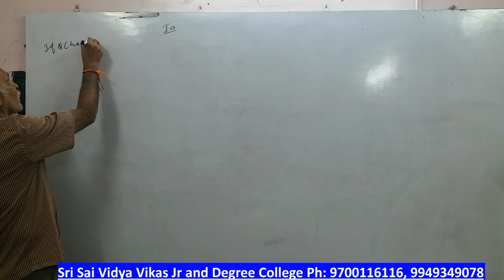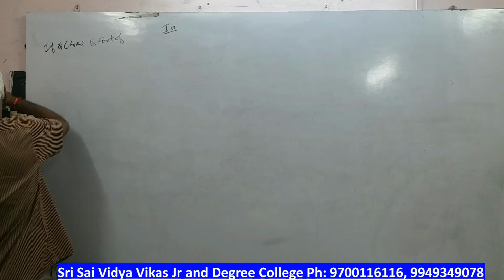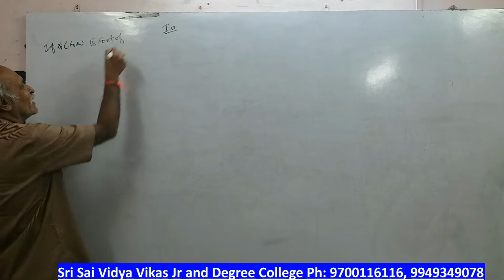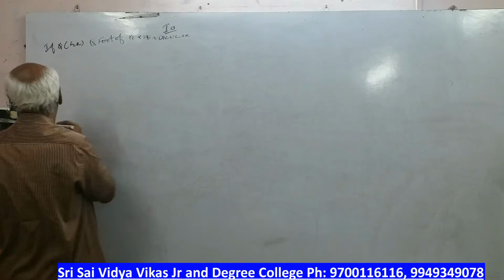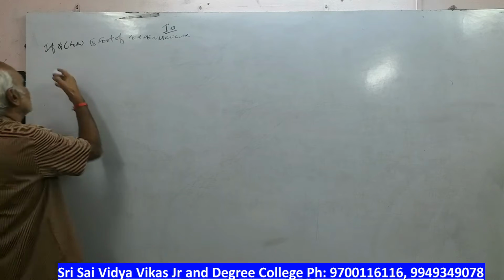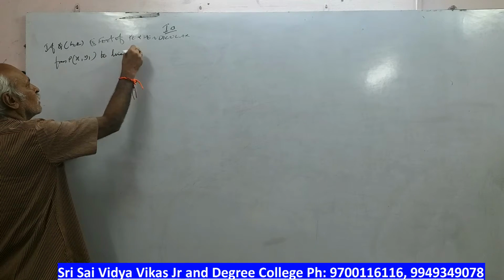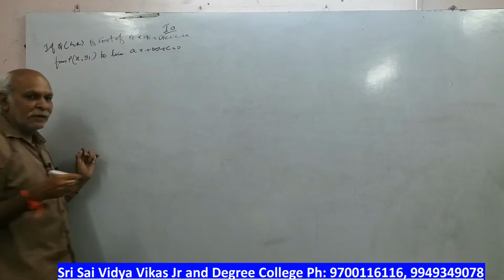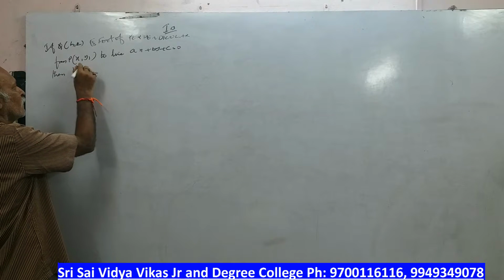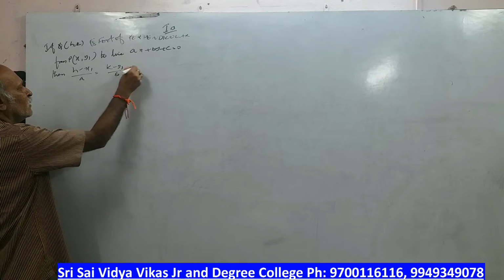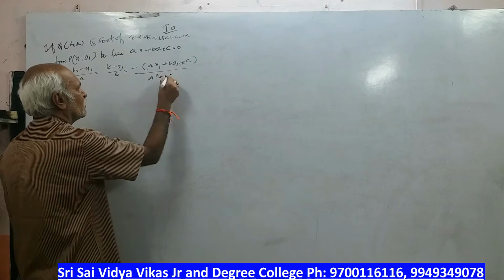If Q(h, k) is the foot of the perpendicular from P(x1, y1) to the line ax plus by plus c is equal to 0, then (h minus x1) by a equals (k minus y1) by b is equal to minus of (ax1 plus by1 plus c) by (a square plus b square).